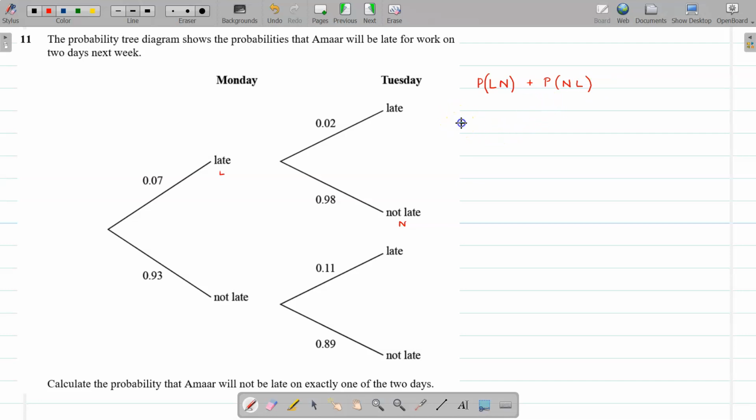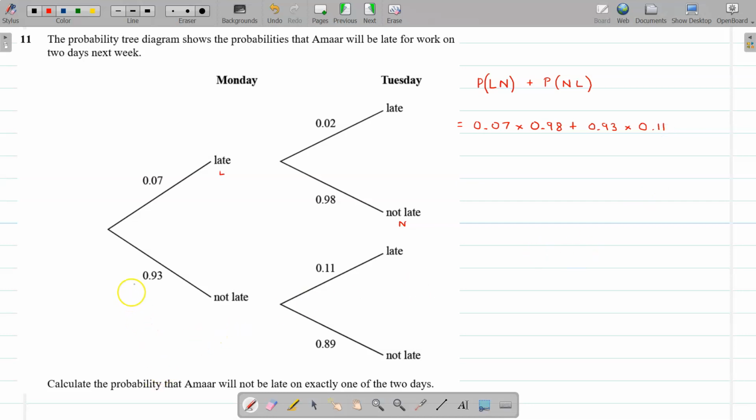Okay, and so that's equal to 0.07 times not late, which is 0.98. So that refers to this first part, plus, and now I've got to do not late, which is 0.93, times late, which is 0.11 from the bottom part of the tree.